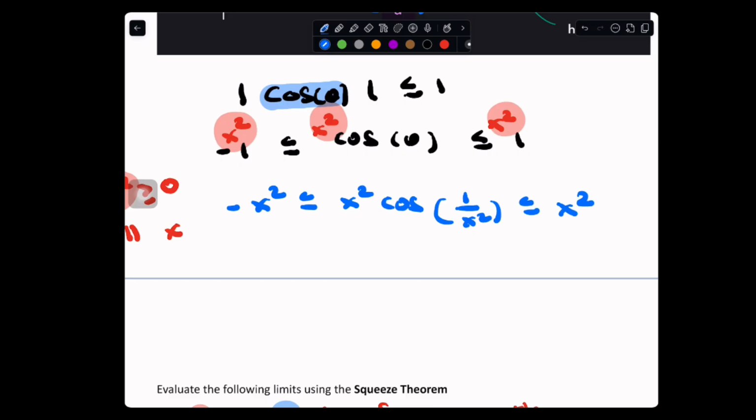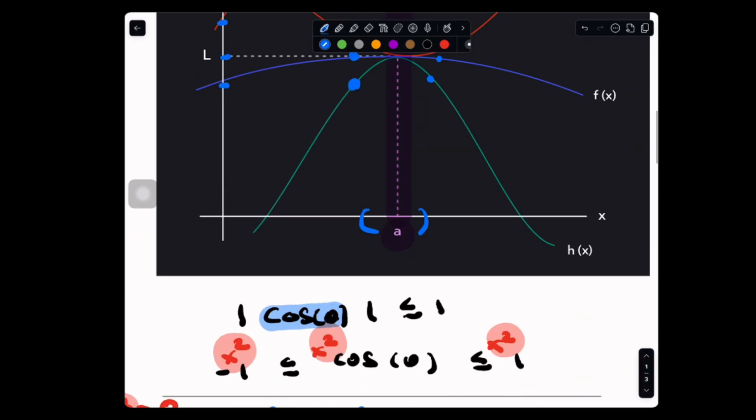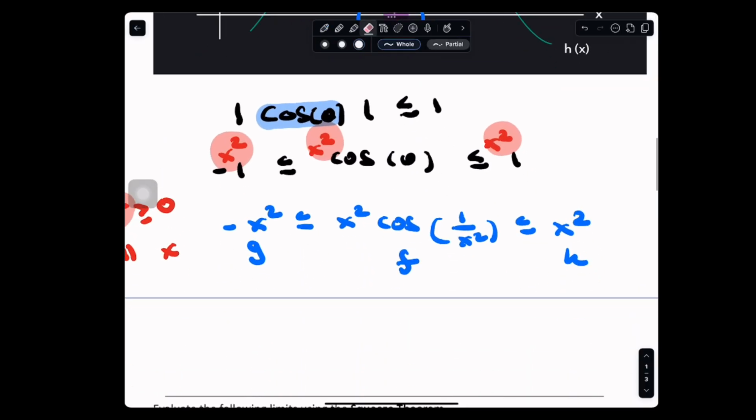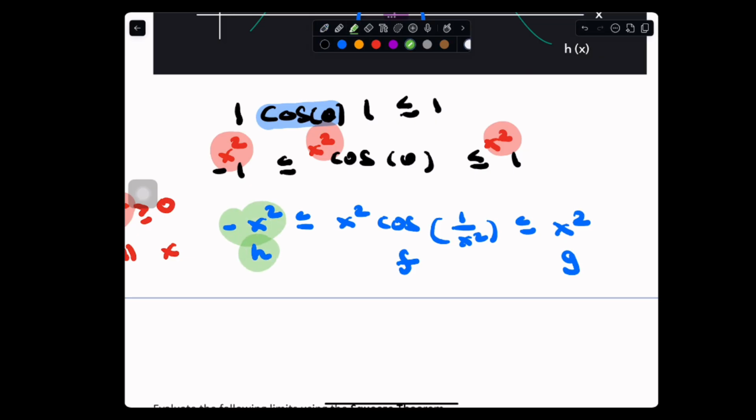I did it backwards with h and g, but it doesn't matter. Smaller function, larger function, middle function.